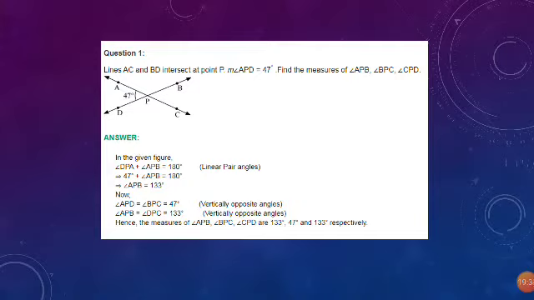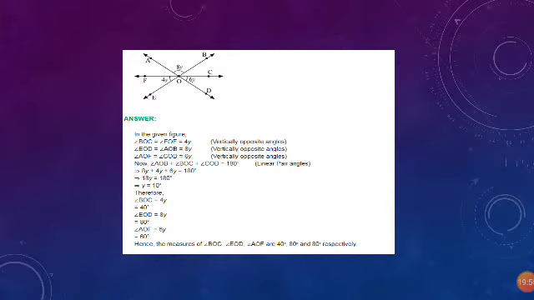Next, we find the vertically opposite angles: 47 degrees for APD and BPC, and 133 degrees for APB and DPC. Do you understand?